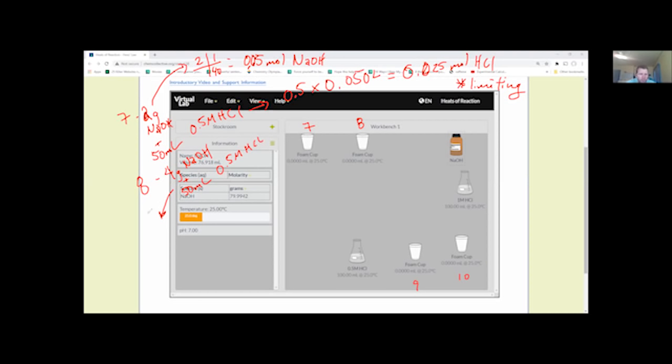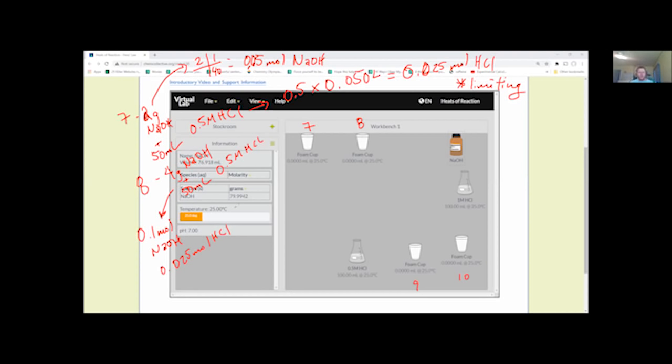For trial number 8, 4 grams of sodium hydroxide is going to be 0.1 mole NaOH. It's again 50 milliliters of that 0.5 molar solution, so 0.025 moles HCl.